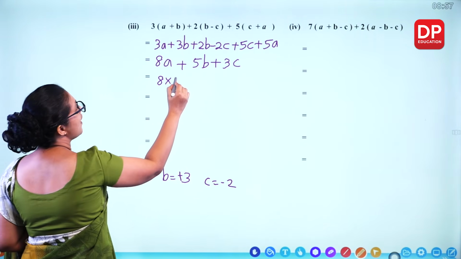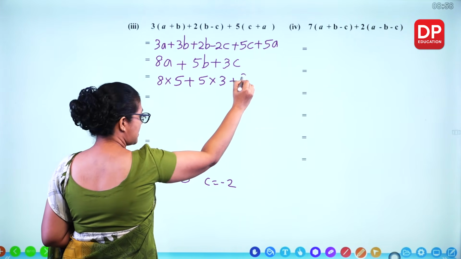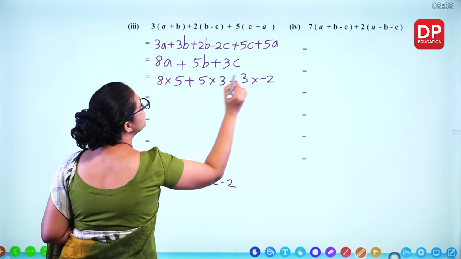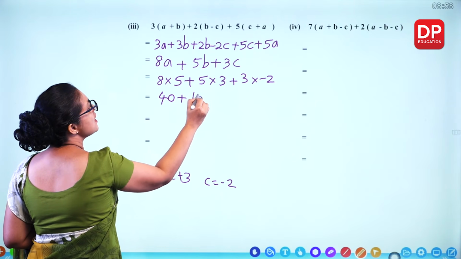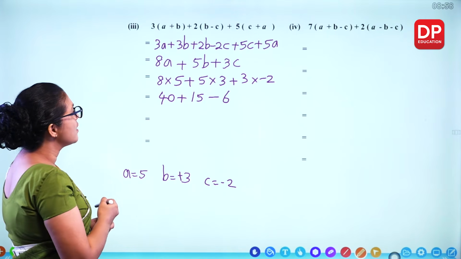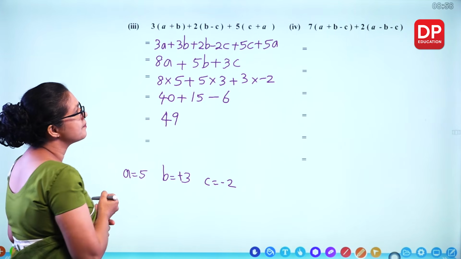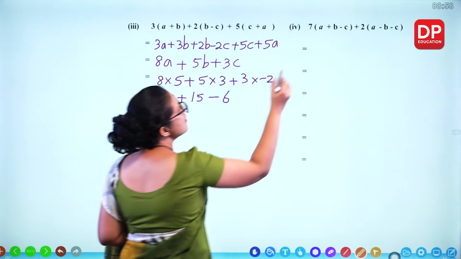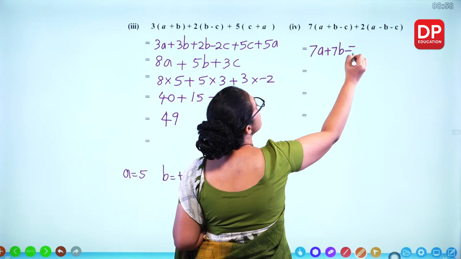So a is 5, b 3, c minus 2. 8 times 5, 40. 15 here and minus 6. 15 minus 6, you get 9. 9 plus 40, 49.